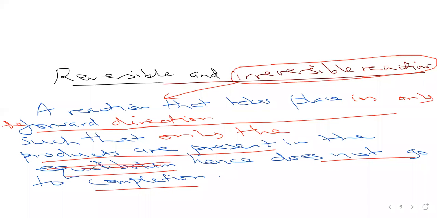exist if there are no reactants and products at the same time. So we shall say it is a reaction that takes place only in the forward reaction, such that only the products are formed or are present at the end of the reaction. And such a reaction can never be at equilibrium.